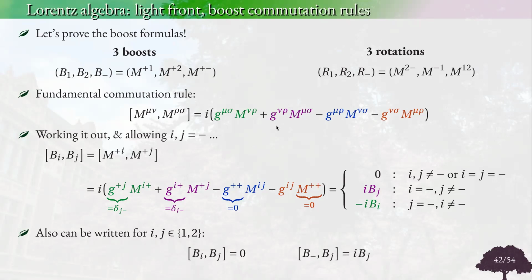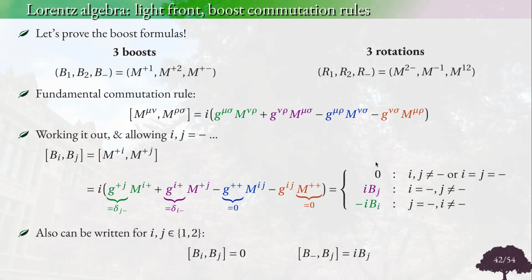For the blue term, we put the first index of both generators into the metric, so we get G plus plus. But because the light front metric is off diagonal, G plus plus is 0, so this term's 0. And similarly for our last term, the red one, we put the first index of each into the generator, and M plus plus is 0 because that's just antisymmetric. So we end up with 3 possible cases.